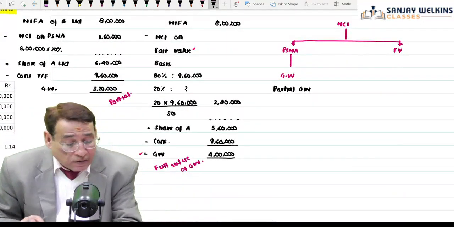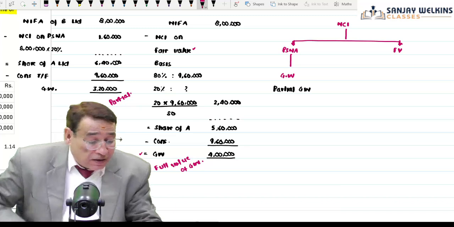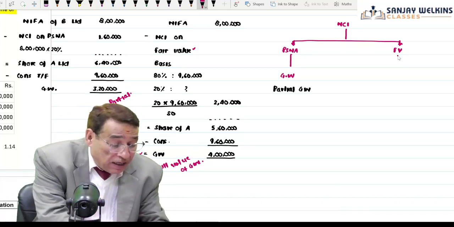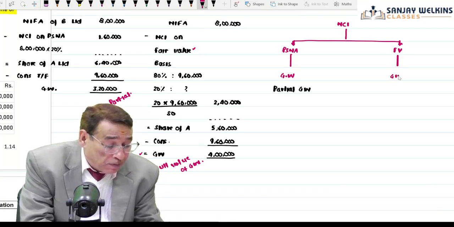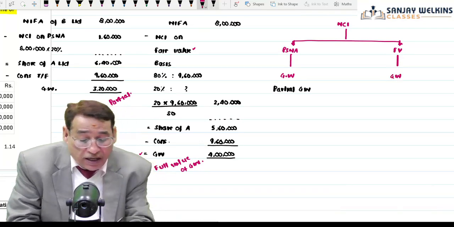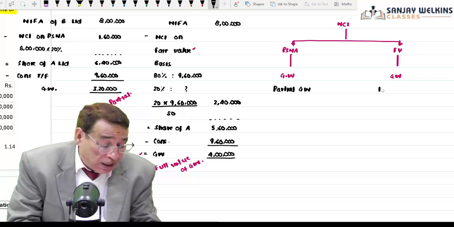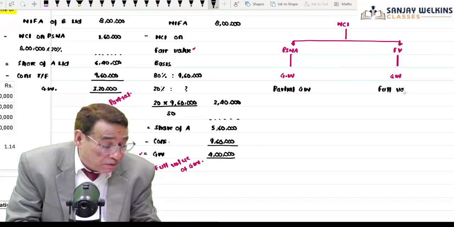So by now you are well aware that when we take NCI on fair value basis, whatever goodwill we derive is known as full value of goodwill.